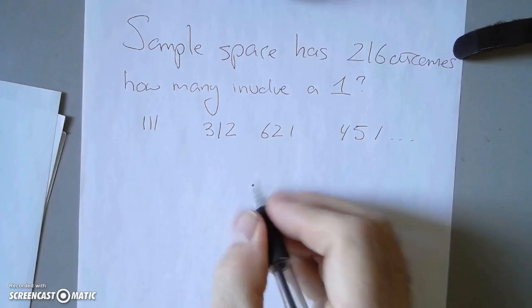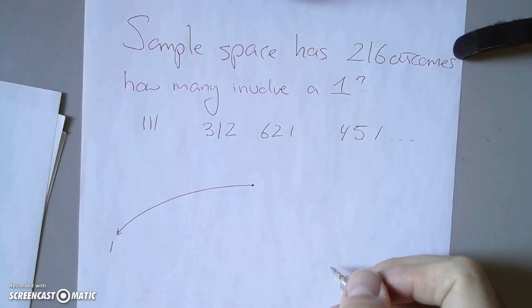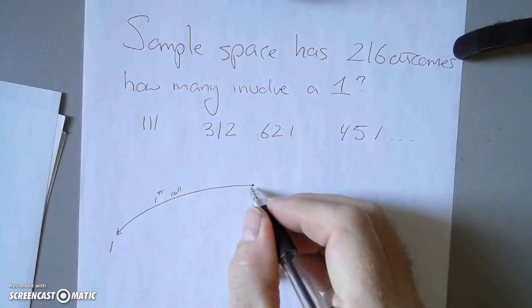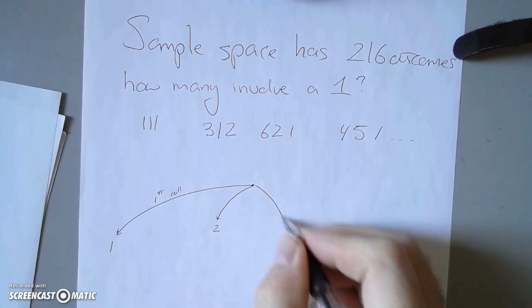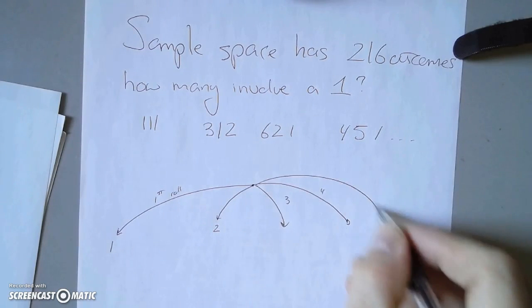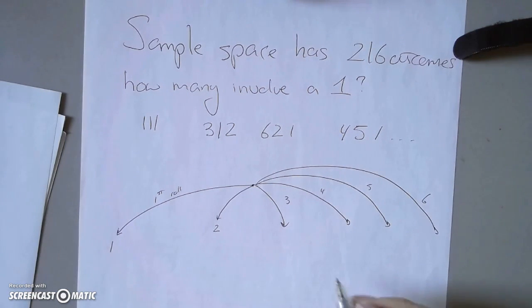Let's go back to our diagram. If you rolled a 1, so first roll, or 2, or 3, or 4, or 5, or 6.